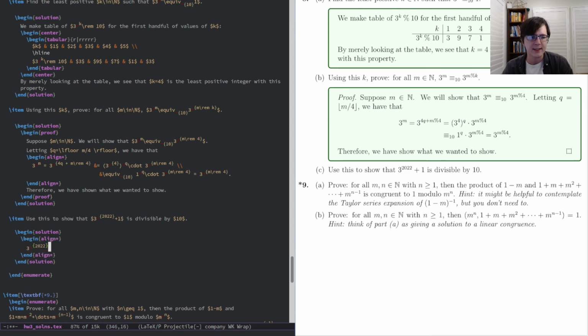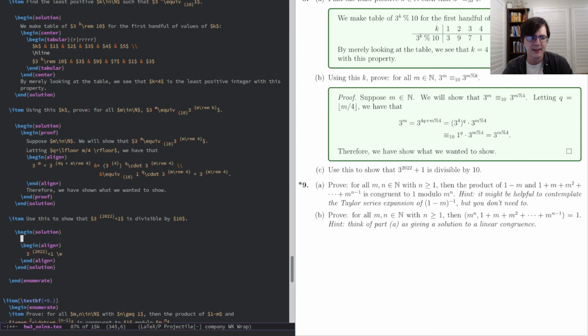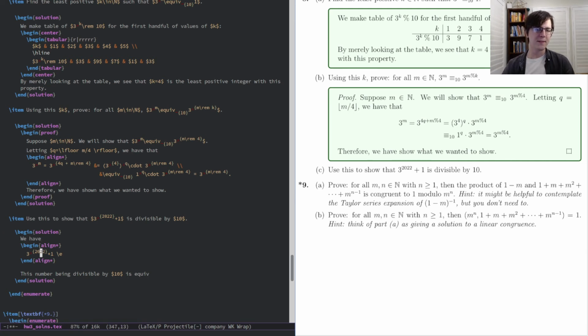So the idea is that this number being divisible by 10 is equivalent to being at 0 mod 10. We'll say this later, but we'll just create the fact and then interpret the fact.